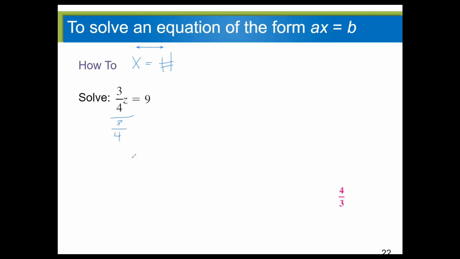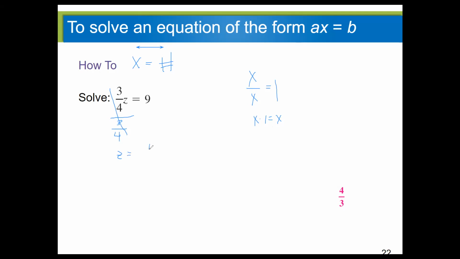If I divide 3/4 by 3/4, anything over itself is equal to 1, and anything times 1 is equal to itself, and that's irrelevant to write, so you don't write it, right? So if I take 3/4 and divide by 3/4, these cancel, just giving me a z.